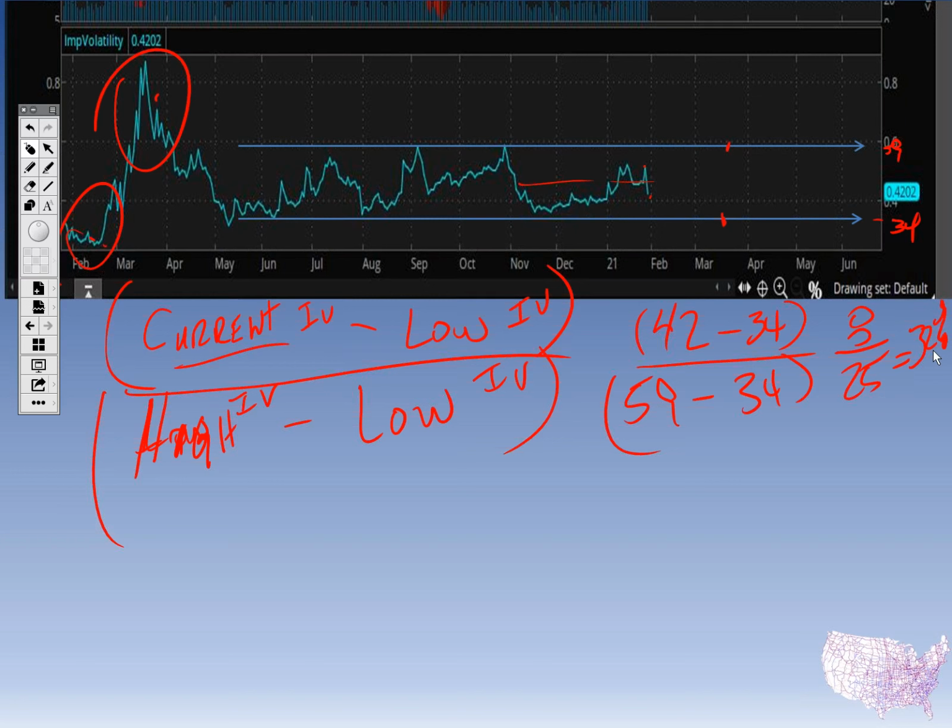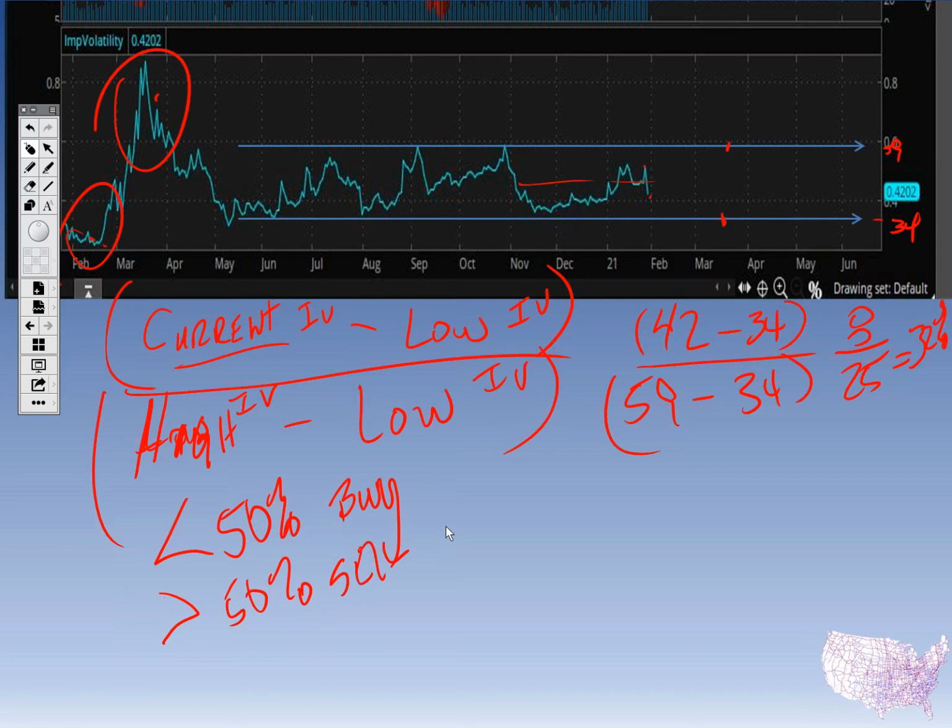So when we're figuring out this implied volatility percent, if it is less than 50%, you're looking to buy. If it is greater than 50%, you want to sell. All right.